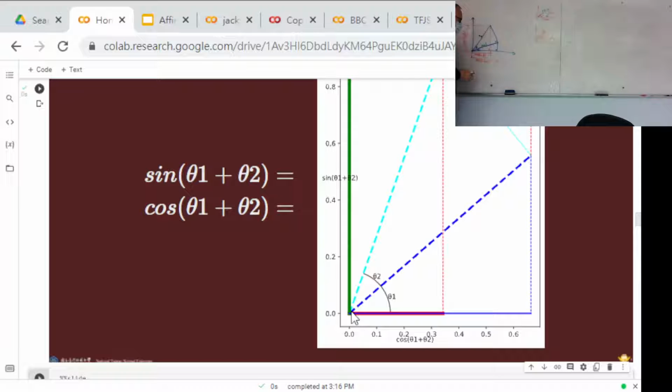So I need to subtract this part, right? So how do I subtract this part? How big is that? Well, let's look at it.